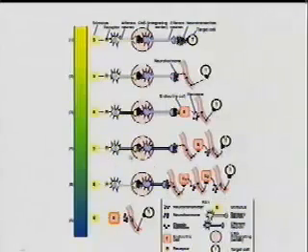Okay, so this one is the prolactin. Number 4 is the prolactin with a capillary bed between the hypothalamus and the pituitary.